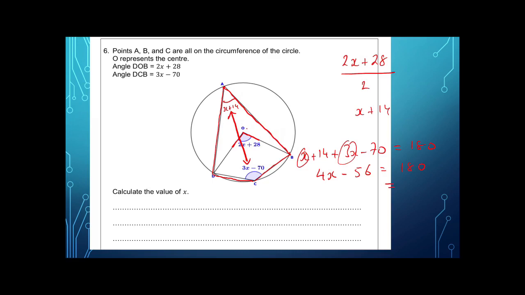We're going to add 56 to both sides to leave 4x, and that gives 236. And then we're going to divide by 4, 23, so 5 with 3 remaining, 59 degrees. So x is 59 degrees, and that's actually what we were asked to find.